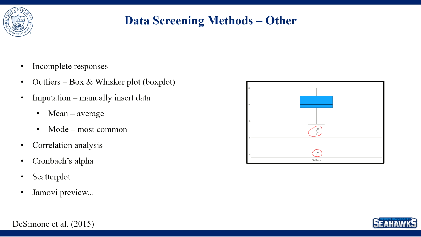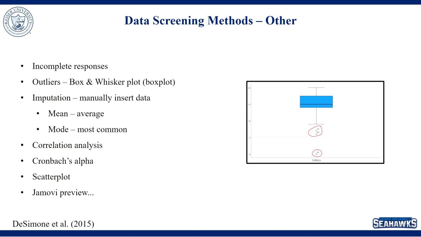You also look for outliers, using a box and whisker plot, or a box plot. Here's an example on the left where you look for outliers. That box plot in statistical software will commonly give you the participant number in your software spreadsheet.